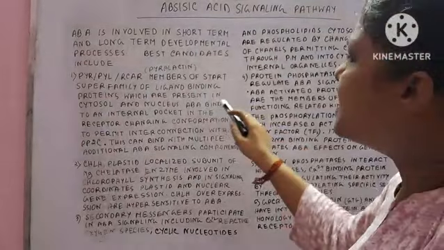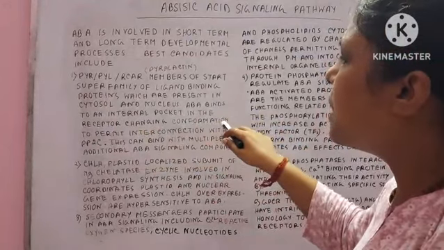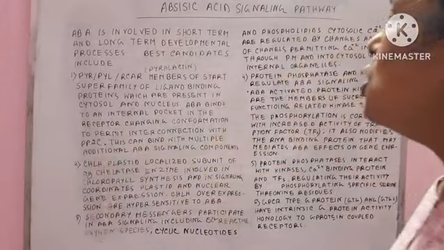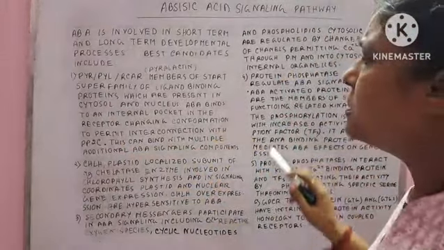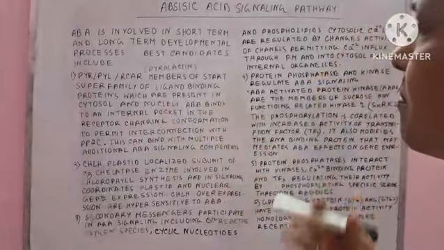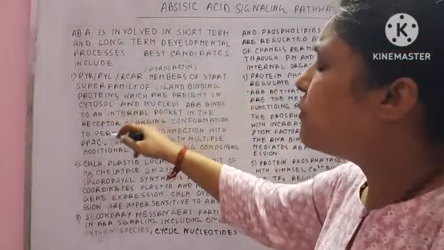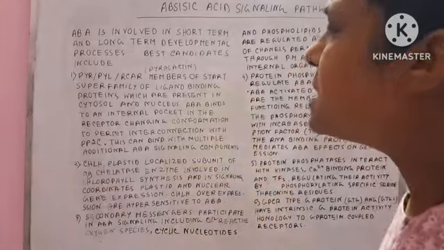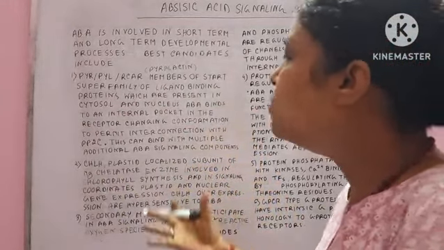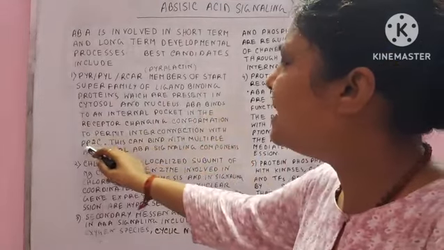ABA first binds to an internal pocket in the receptor, changing the conformation to permit interaction with PP2C. So first of all, when ABA enters the cytosol and the nucleus, it binds with the receptor, and due to the binding of ABA, a conformational change occurs, which creates a condition where the receptor can bind with this PP2C.